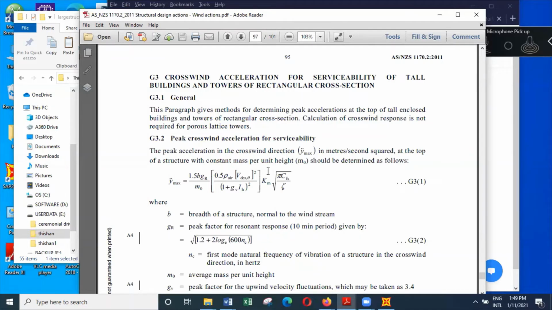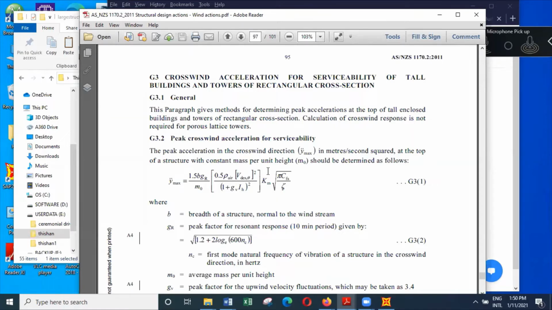If you look at this code, you'll find that wind pressure is given by K times Vs squared, which is the usual equation used in almost all the wind codes. And finally, it will allow you to calculate the wind induced acceleration in the building.